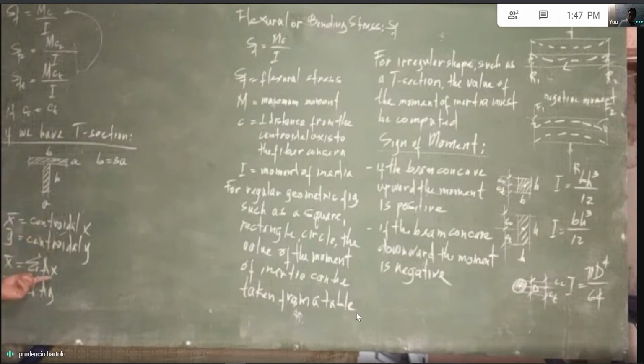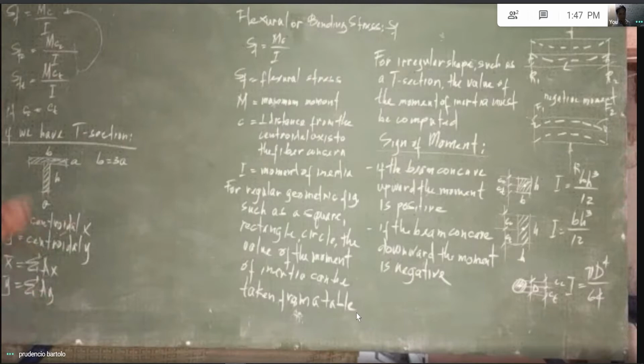Meaning, this x in here is the x distance from a certain reference axis to establish the centroidal x and the centroidal y. The same thing with this one, that is the total area of the composite figure, and y is the y element.